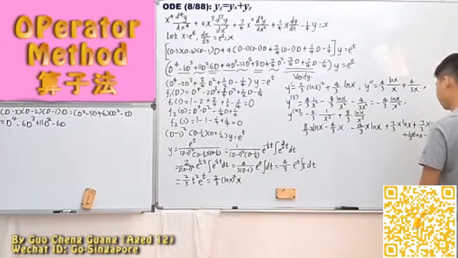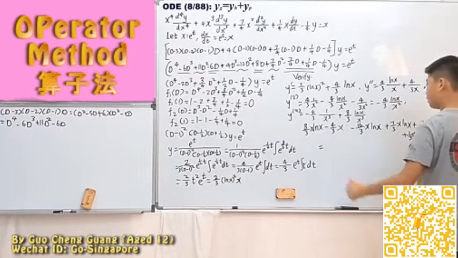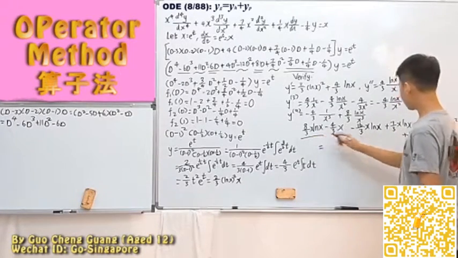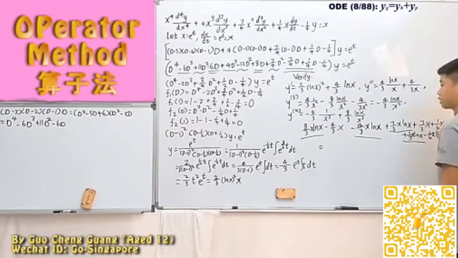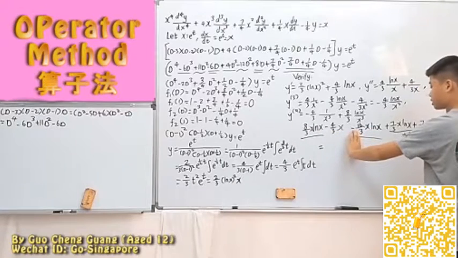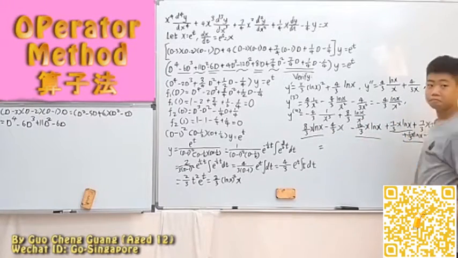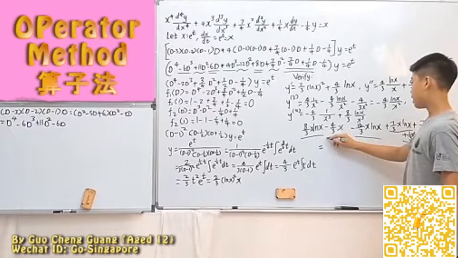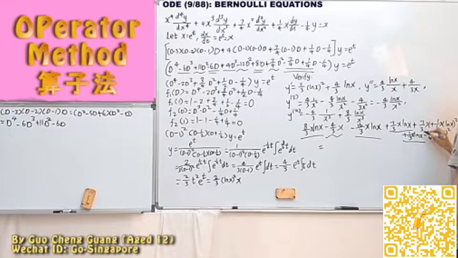Then let's see what you'll get later. x ln x, x ln x, x ln x, x ln x. 8 subtract 16 is a negative 8. Negative 8, negative 1, 1. Okay. Cancel out. Then negative 4 over 3x.